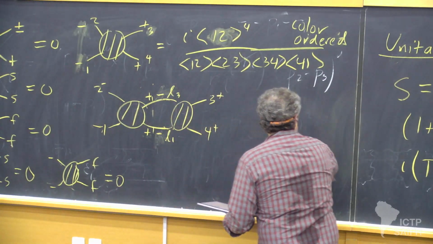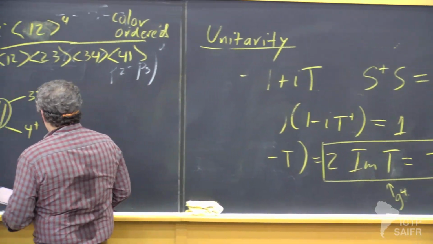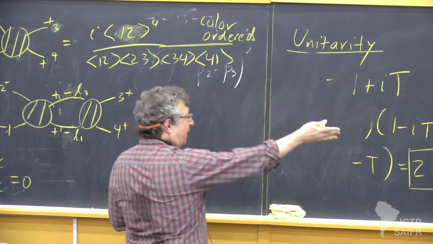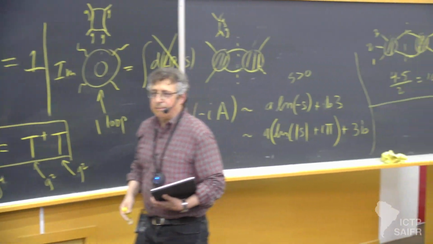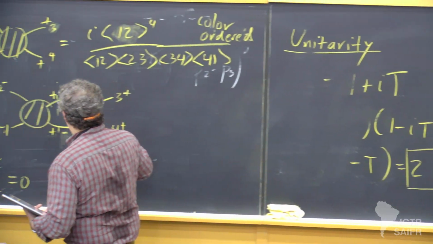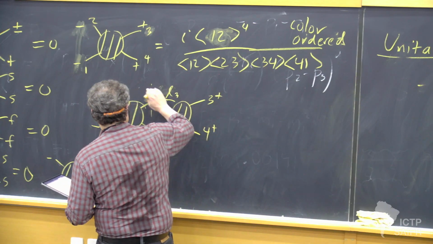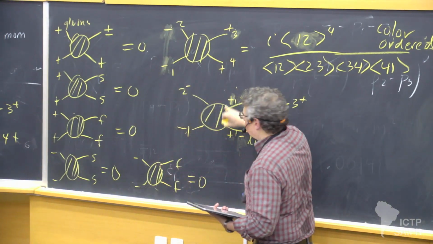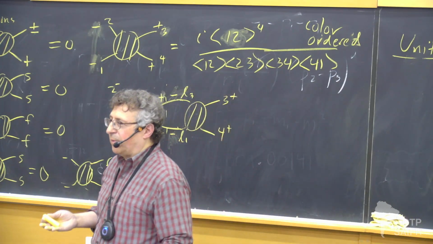So now I can write down the cut very easily, where the cut is now defined to be the old cut, but I ignore the integration. Yeah, so these are gluons. You know, these are gluons and only gluons because they're the only ones where you get a non-zero amplitude.